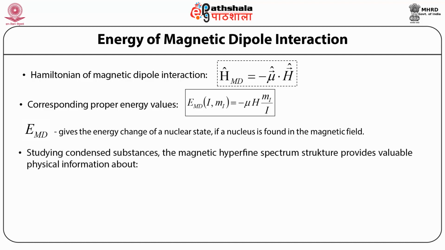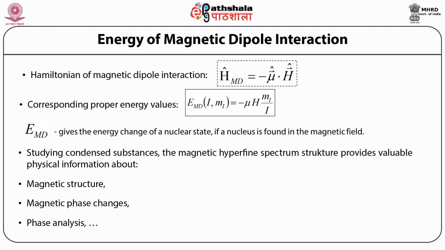So studying condensed substances, the magnetic hyperfine spectrum structure provides valuable physical information about magnetic structure, magnetic phase changes and phase analysis. So this is very, very important, even if we want to justify the magnetic structure.